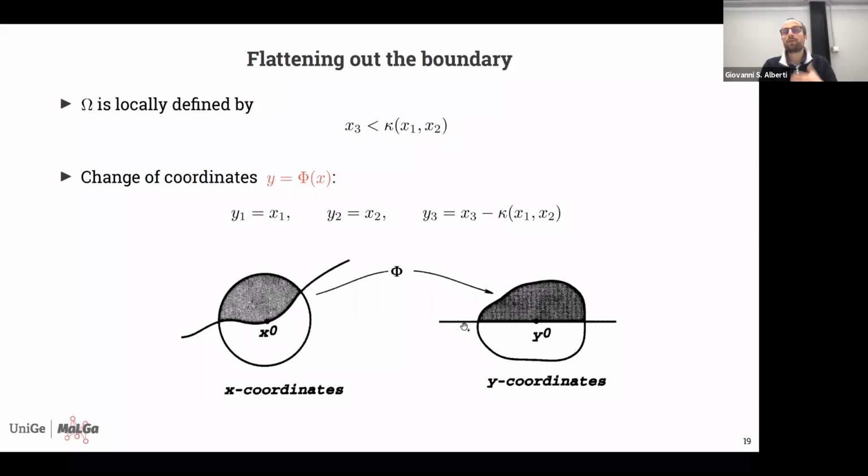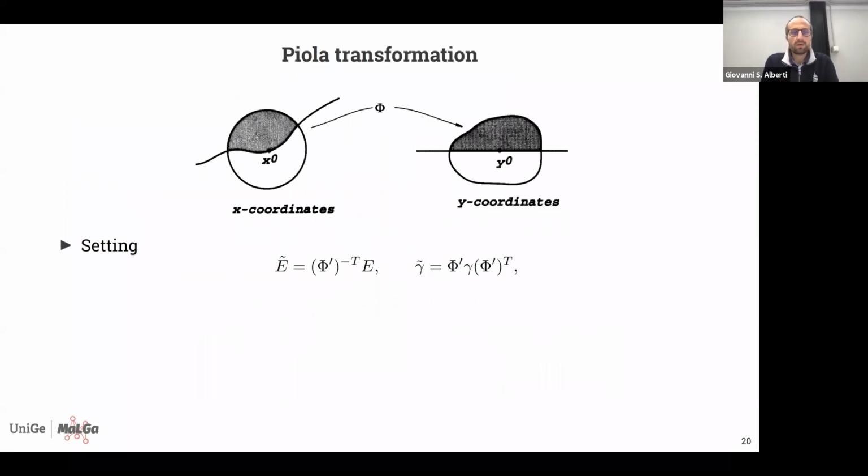Right, now we have to understand the effect of this change of coordinates on the PDE. So let's see. It's a relatively simple calculation, even though you have to write down things properly. If you are familiar with differential geometry, this will be super simple to you. For me, I'm not so familiar with differential geometry, so I still need a few minutes to write this calculation down.